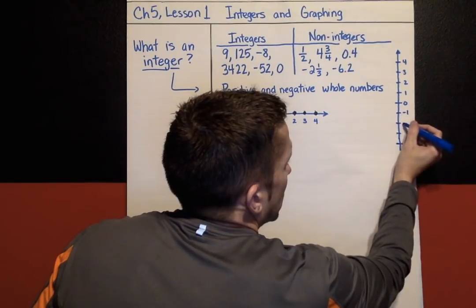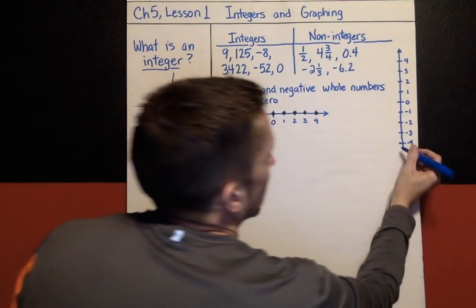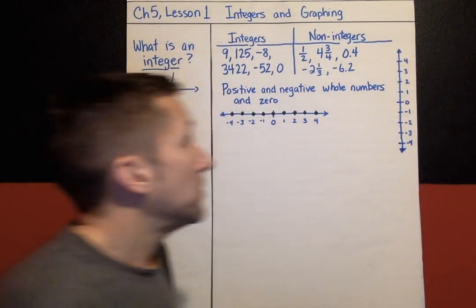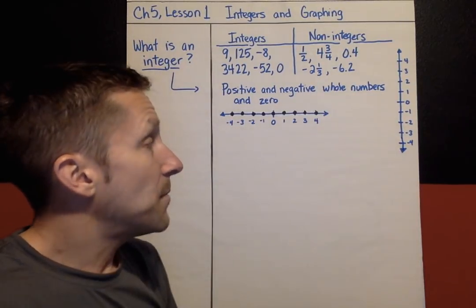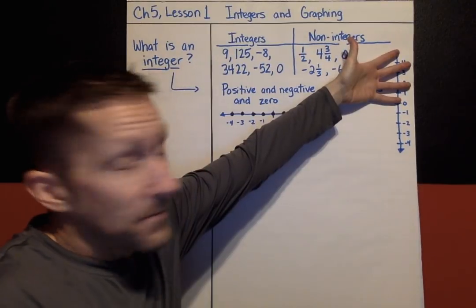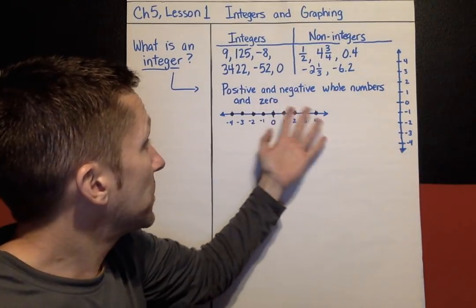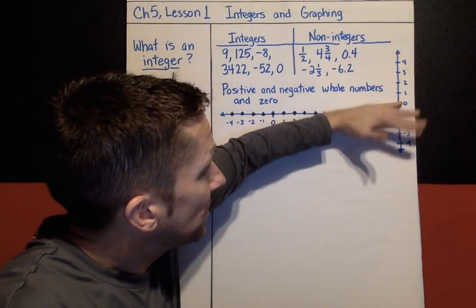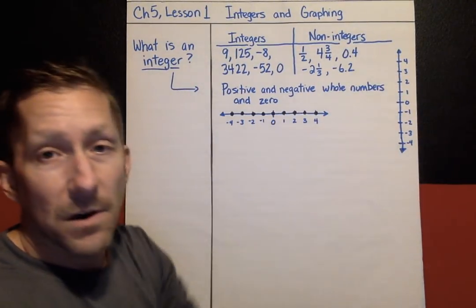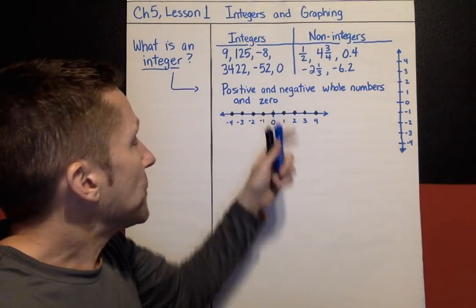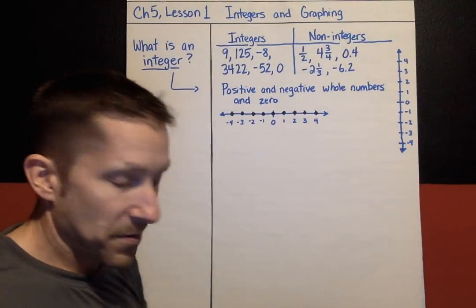And negative 1, negative 2, negative 3, and negative 4, and arrow. So you can have number lines that go horizontal. Number lines can also go up and down. If I'm looking at a vertical number line, it is still true as if I fold a horizontal one. If I fold this down, the 1 would land on -1, the 2 would land on -2, and so on. So horizontal, vertical number lines, you can use both.